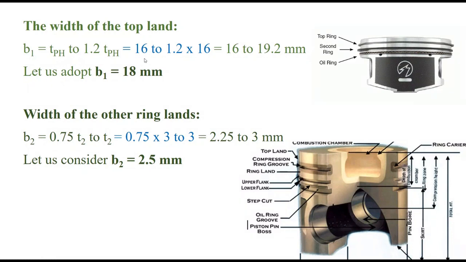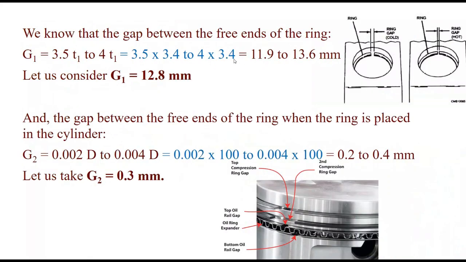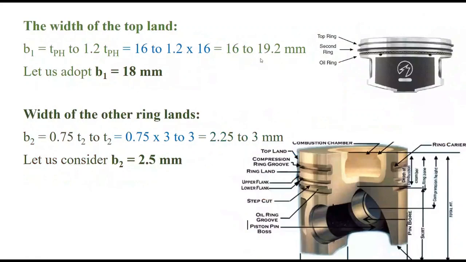We have taken 16 millimeter, being the larger one, on the basis of strength. So it is 16 millimeter to 1.2 times 16 millimeter, which comes to 16 millimeter to 19.2 millimeter. Within this range we need to pick our dimension. So within 16 to 19, we have taken 18 millimeter, somewhere in between.